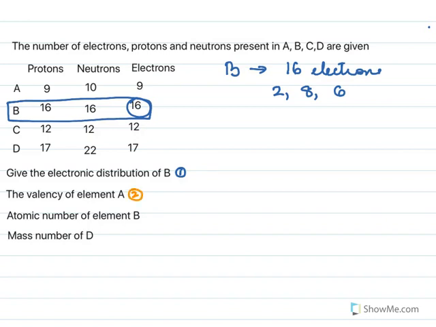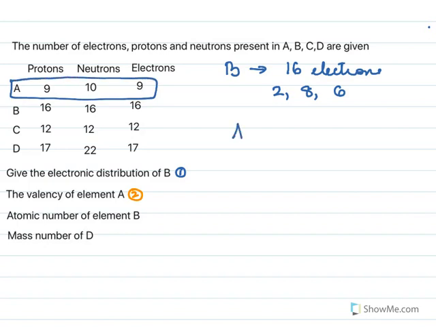Write the valency of A. So here is A. To know the valency of A, we must know how many electrons it has got. So A has 9 electrons. 9 electrons means it will be 2, 8, that is 10, right? So it will be 2, 7. That is 9.